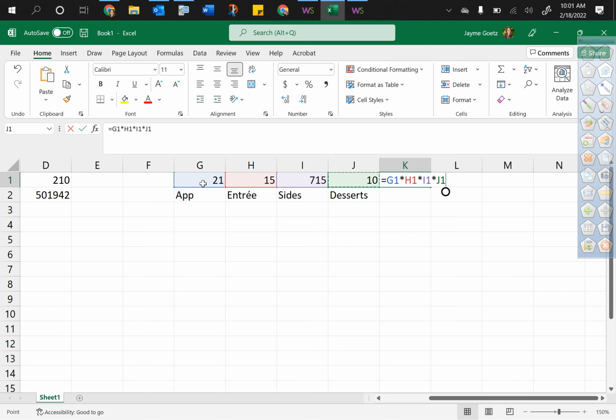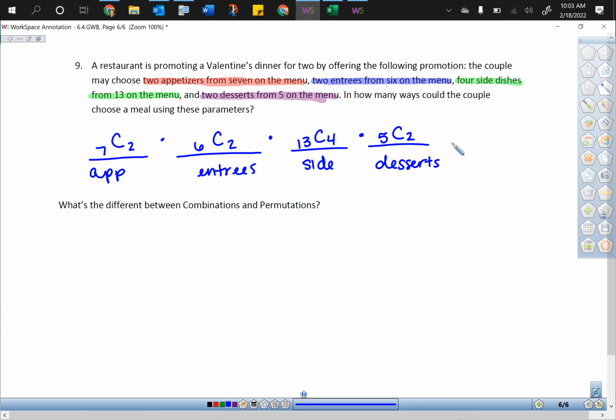So equals, for me, I have G1 times H1 times I1 times J1. Okay? What should we get as our answer? Wow. So that means we have the possibility of 2,252,250 different meals.